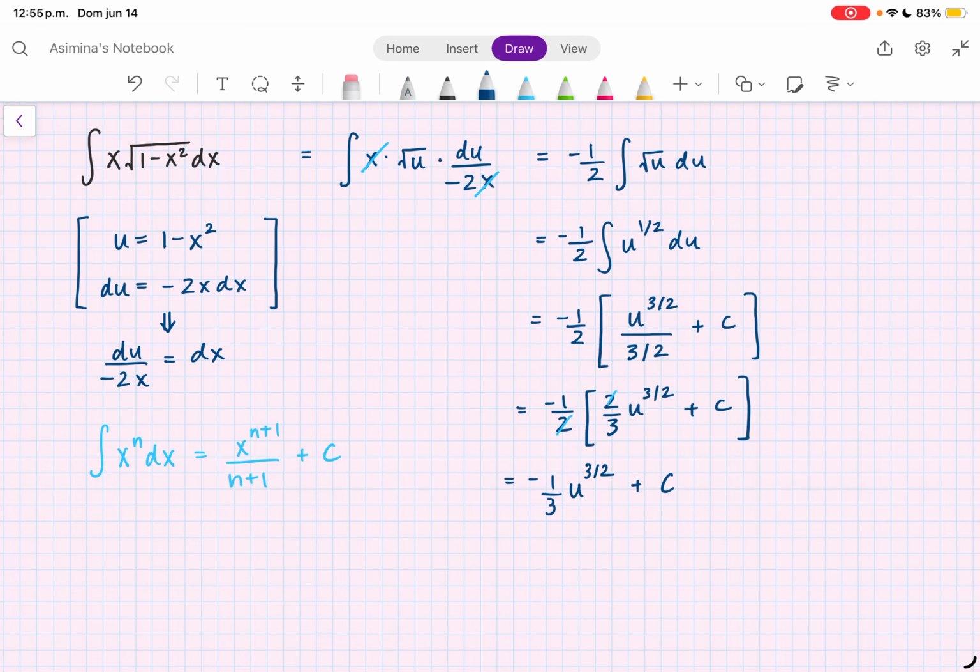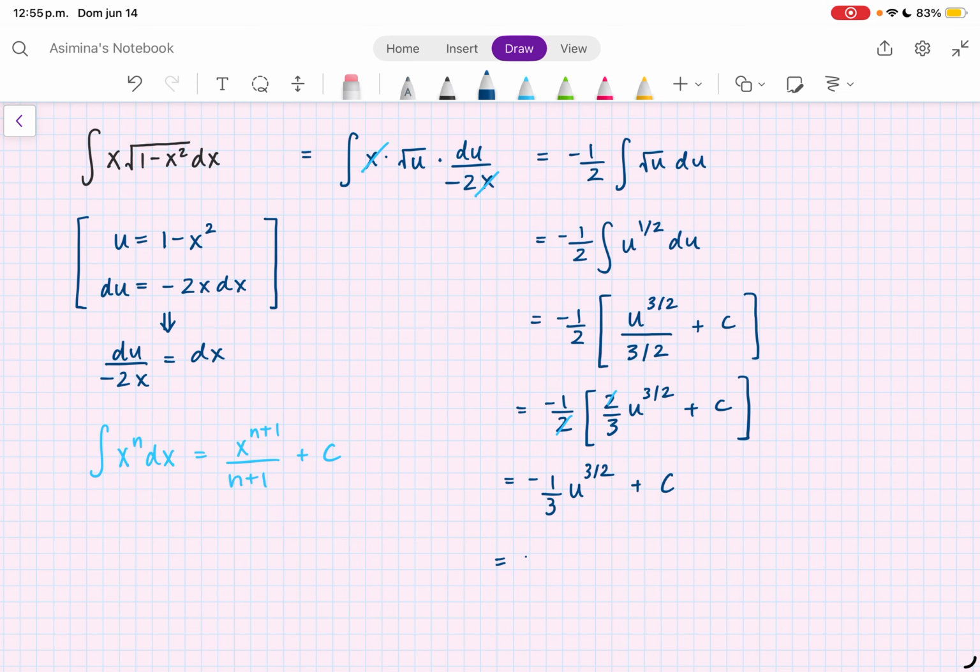And now we're not quite done yet. Why not? Well, we started with an integral that was in terms of x, and now we have some answer that's in terms of u. So we have to now reverse our u-substitution and plug in what u actually is. So what is this really?